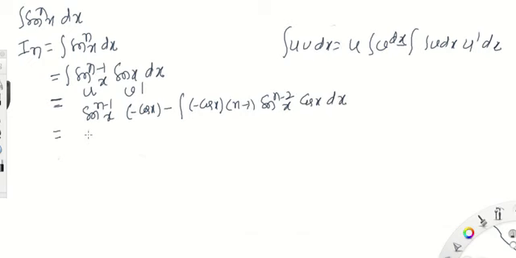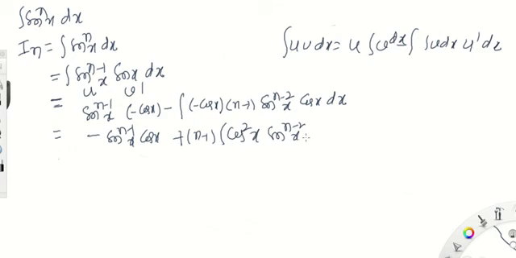Can be written as minus sine to the power of n minus 1 x into cos x, minus into minus becomes a plus. These two, we can take n minus 1 outside, into the integration of cos x into cos x, which becomes cos square x, into sine to the power of n minus 2 x dx. Observe, continue the procedure. Minus sine to the power of n minus 1 x into cos x, we can take n minus 1 outside.